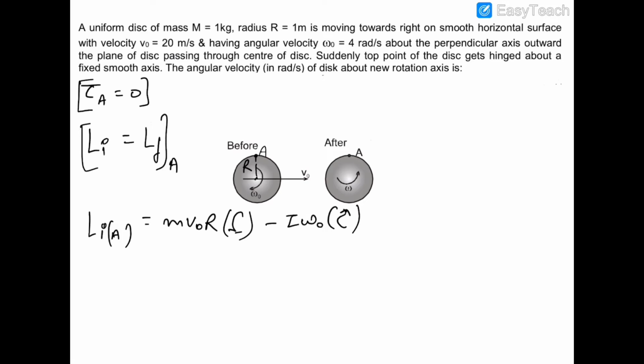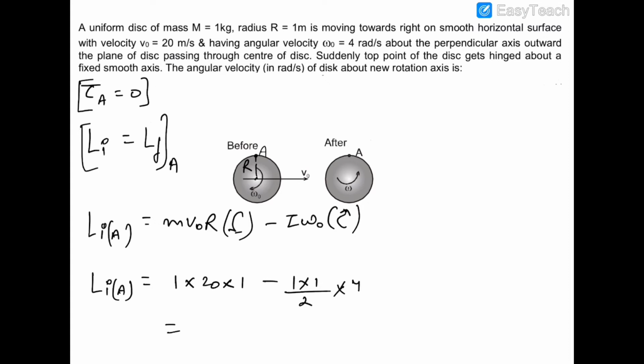So the net angular momentum of this disk about point A is m v naught r, where m is 1 kg, v naught is 20, and radius r of the disk is 1, minus I omega, where I is the moment of inertia of the disk, m r square by 2, about its center. Here m is 1 and r square is also 1, divided by 2, and the value of omega is 4.